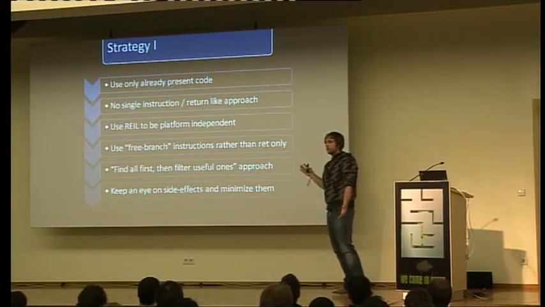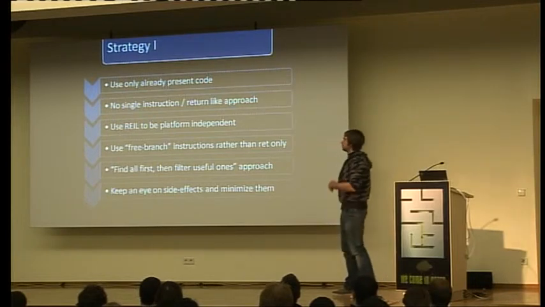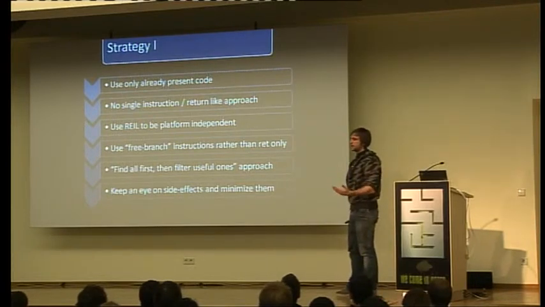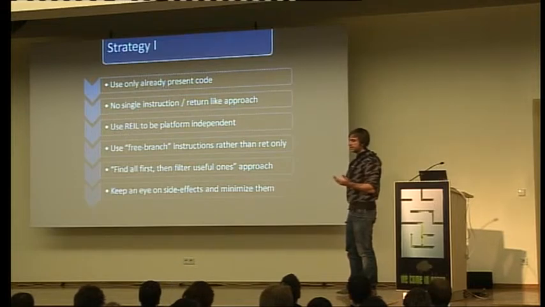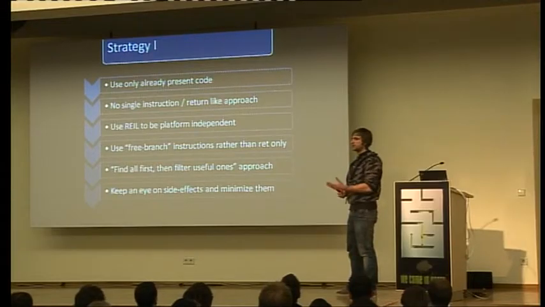Basically, return-oriented programming always only uses present code, which is either present in the executable itself or in the libraries that it uses. What we do not do is something that recent publications have sometimes a little bit misunderstood: we do not use a single-instruction return-like approach.